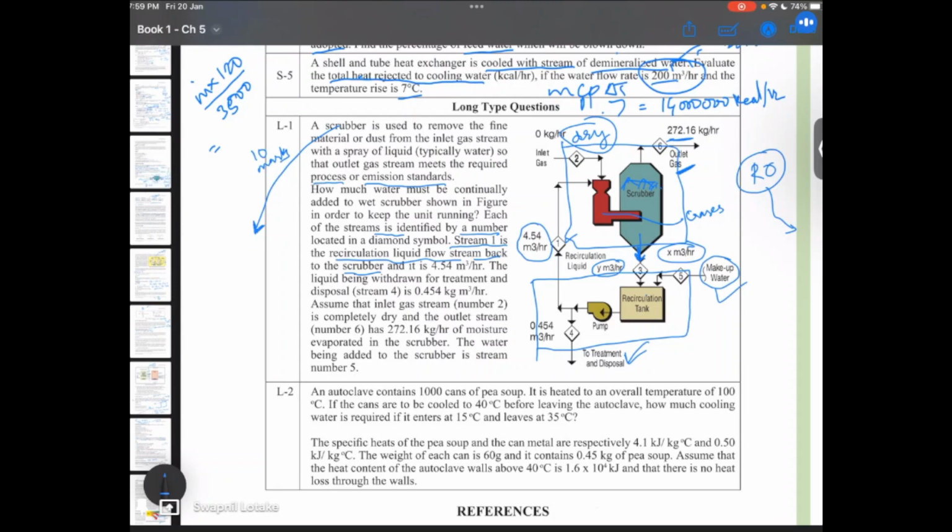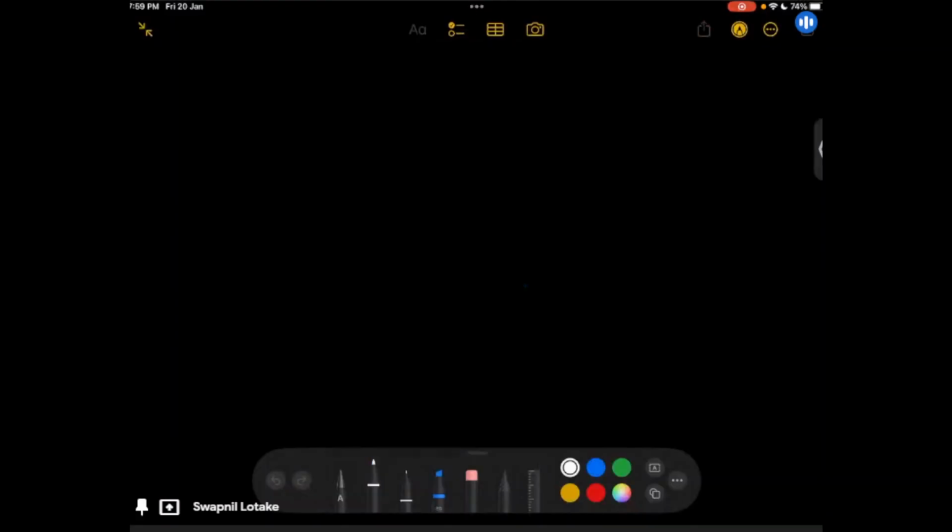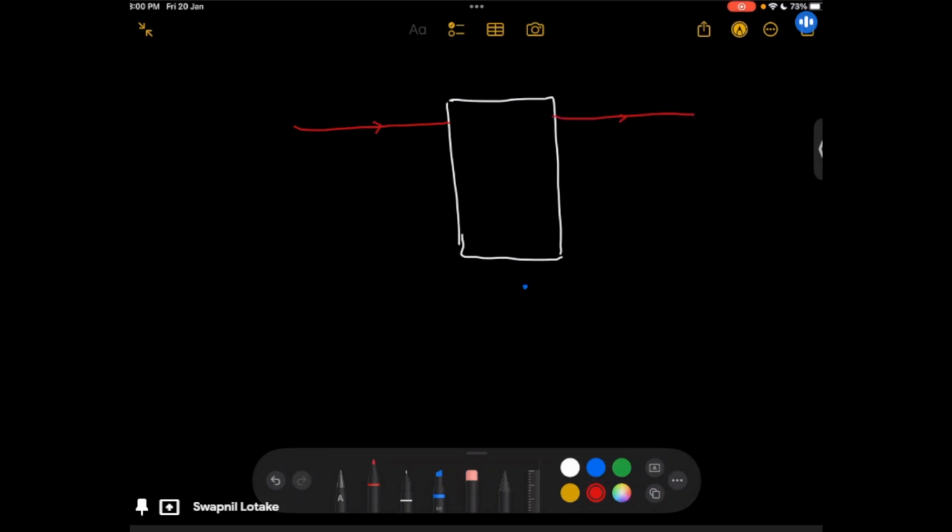So I'll draw the first system. Let's say this is your scrubber. This is your inlet gas stream, and this is the outlet gas stream. This has zero moisture, 0 kg per hour, and this has 272.16 kg per hour of moisture going out. Now we have water coming in here, and water going out from it.